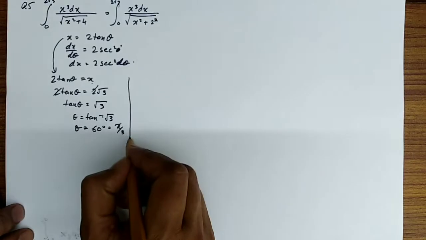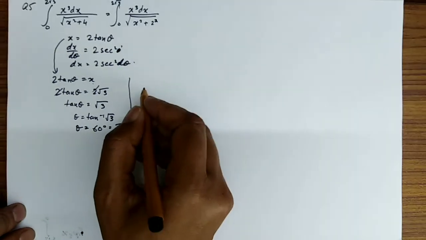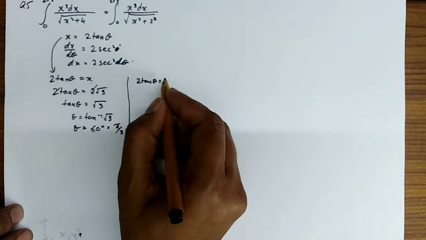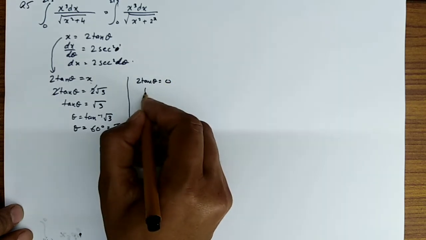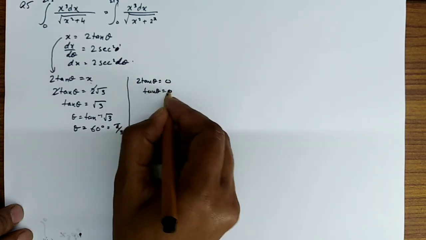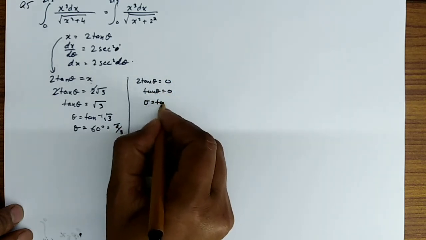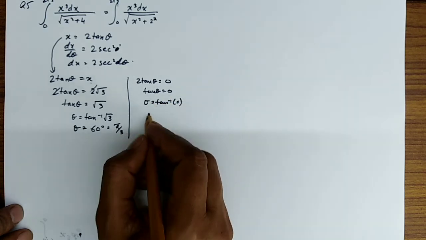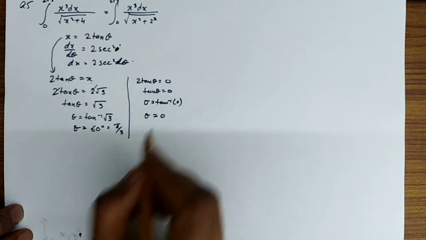Okay, this is the upper limit, and for the lower limit 2 tan theta is equal to 0, tan theta is equal to 0, tan inverse of 0, that is theta is 0.